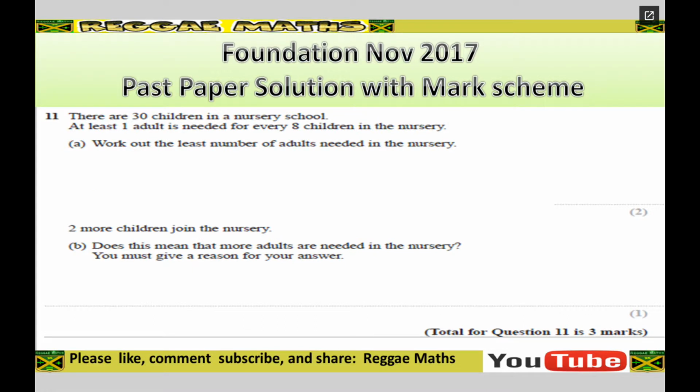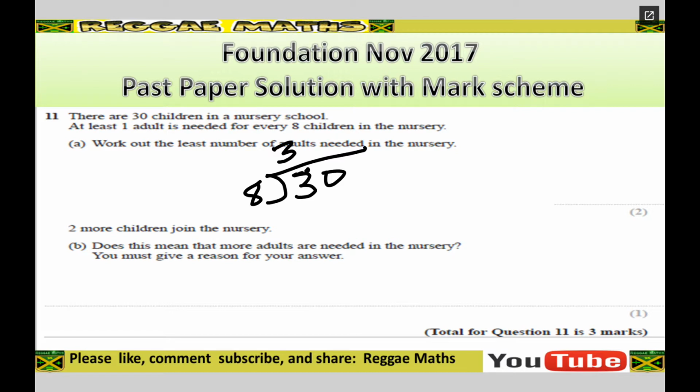Okay, it says here, question 11, there are 30 children in a nursery school. At least one adult is needed for every 8 children. So there's several ways of doing this, okay? So basically, you got 30 divided by 8. You can see that 8 into 30 equals 3, right?